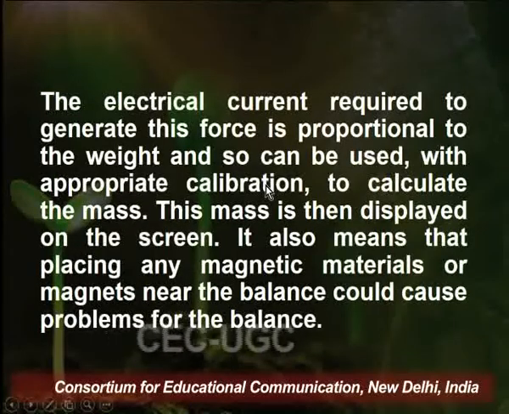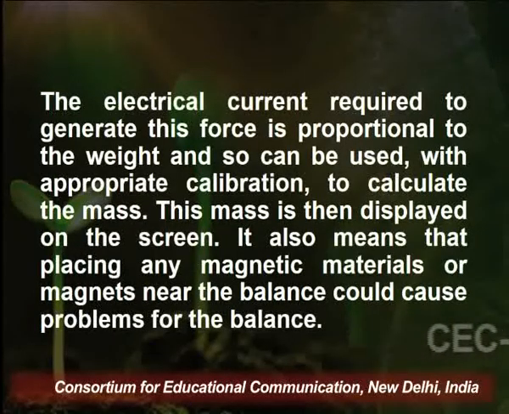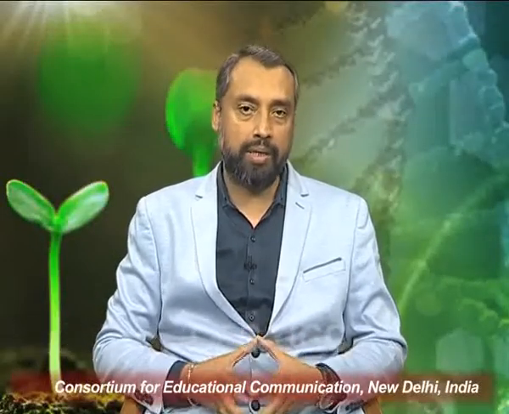So the electric current required to generate this force is proportional to the weight, and so can be used with appropriate calibration to calculate the mass. This mass is then displayed on the screen. It also means that placing any magnetic materials or magnets near the balance could cause problems for the balance.